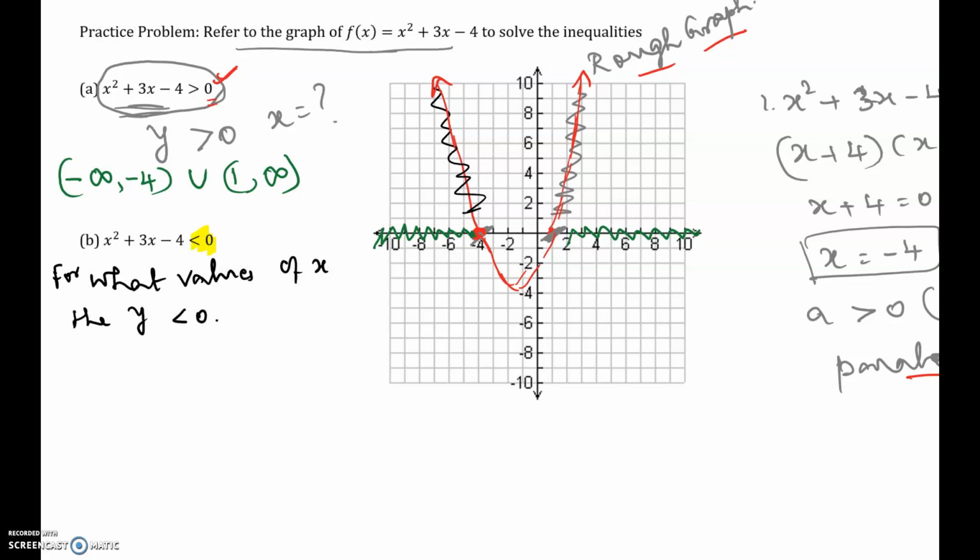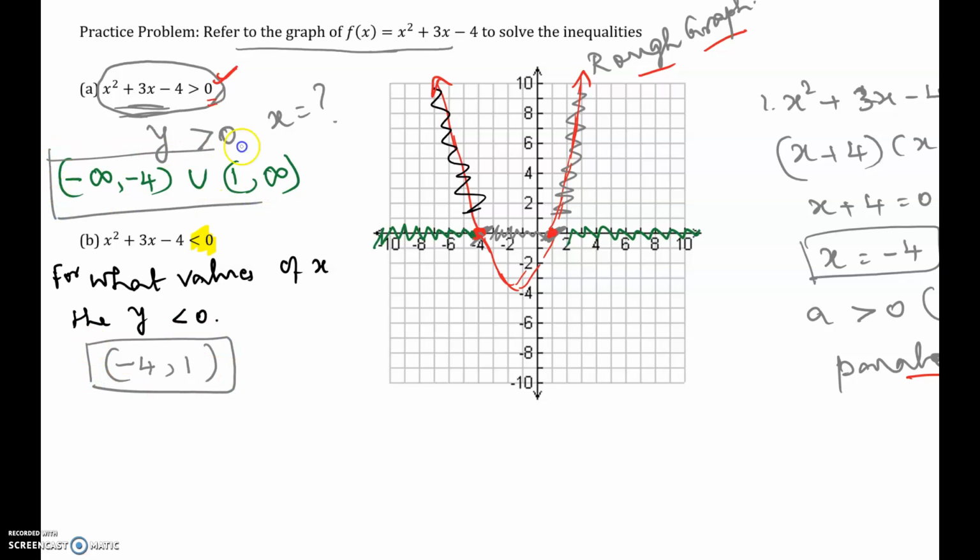It's clearly from this point to this point on the graph. The graph is below the x-axis. So the answer is from negative 4 through 1. When x lies between negative 4 and 1, the graph is below the x-axis. So that is the answer to part 2.